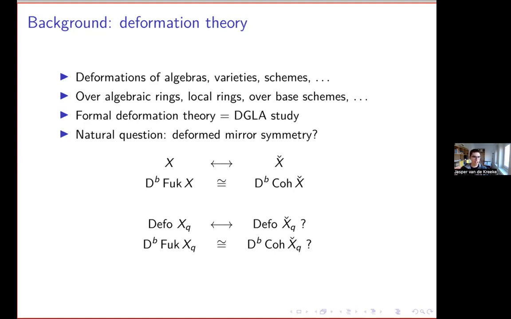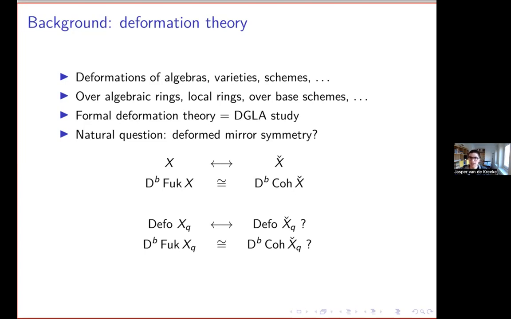A deformation of the algebraic structure, so that the derived categories, the Fukaya category on one side, still stays isomorphic to the coherent sheaves on the other side. And this is the question behind deformed mirror symmetry for me.